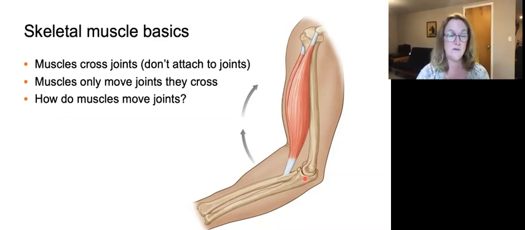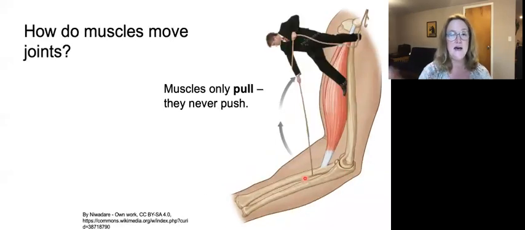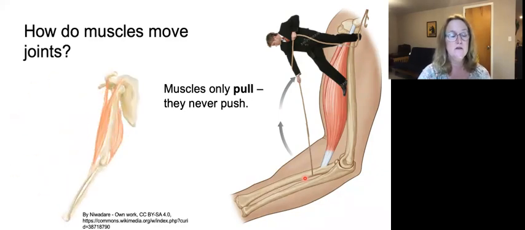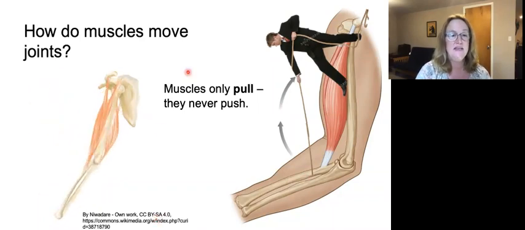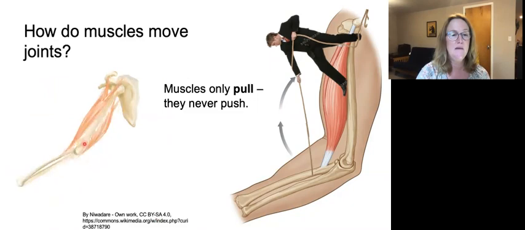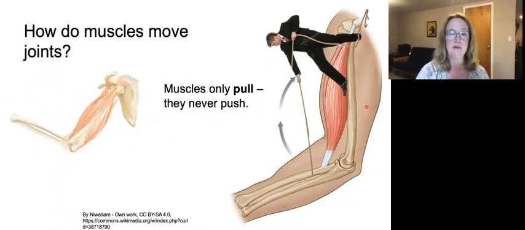How does it create that movement? Well, the answer is that muscles create movement by pulling on a bone. Here's a little animation of biceps brachii, and it is pulling up on the radius. The way that it's bending the elbow is by pulling up on the radius.